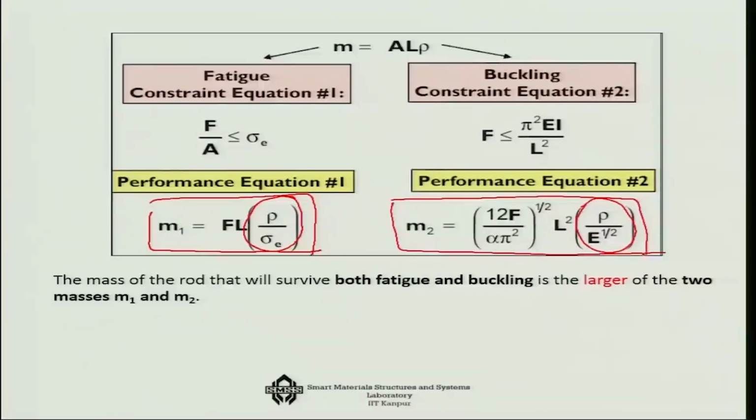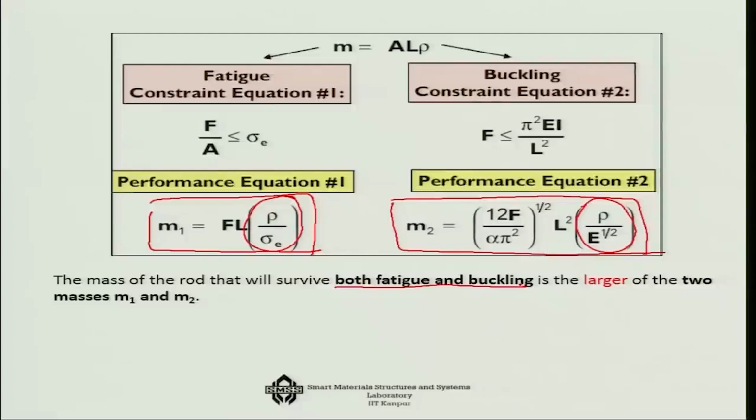So, when the rod has to survive both fatigue and buckling, the mass should be the larger of the two masses, because if M1 gives a smaller mass than M2, then M2 becomes critical for us, otherwise it is going to fail in buckling, and vice versa. If M2 becomes smaller than M1, then M1 becomes critical, otherwise it is going to fail in fatigue.